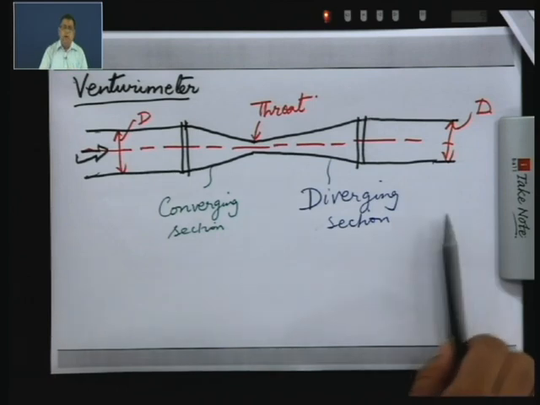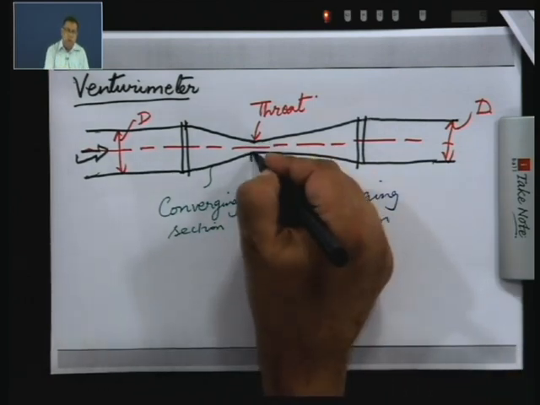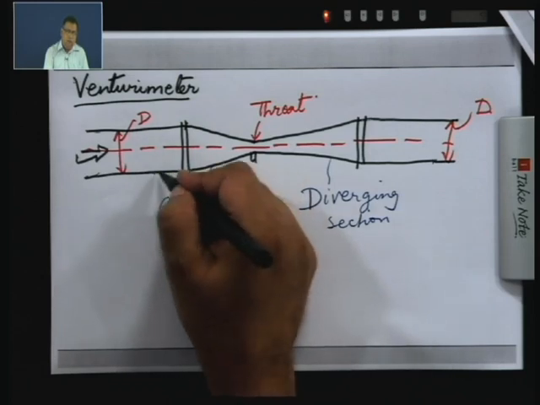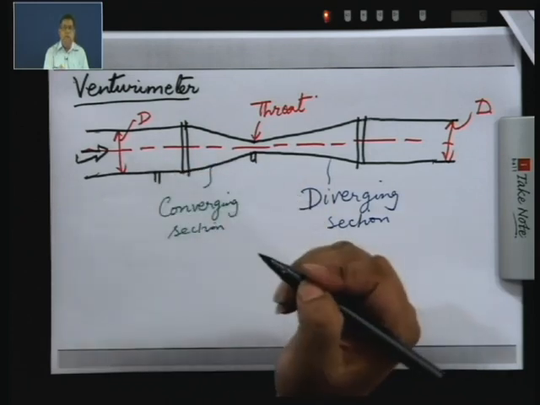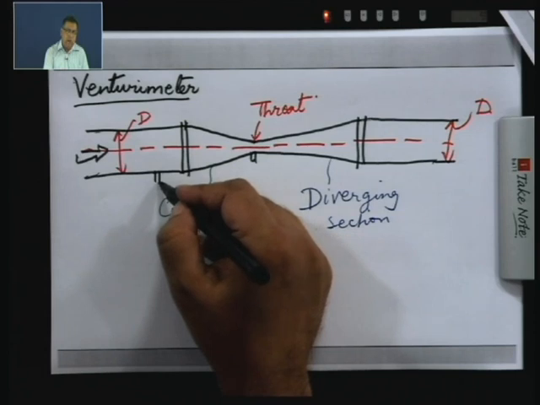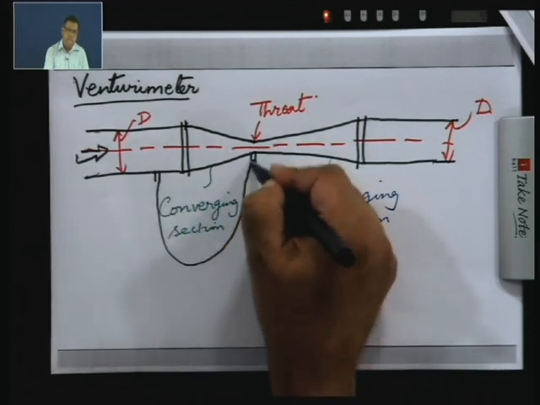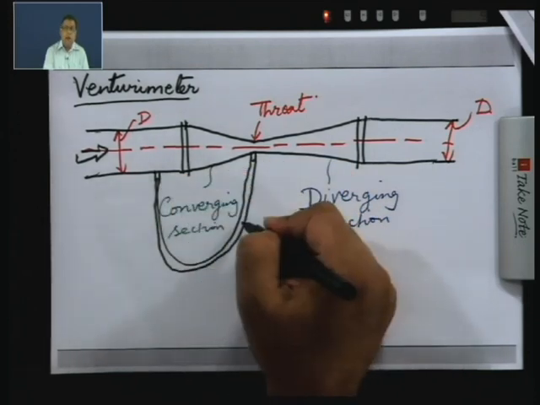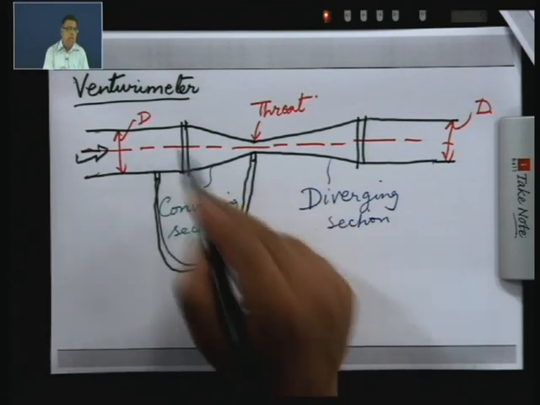Now, what we do here is we will drill a hole here at the throat, in the wall of the pipe, and attach a U-tube manometer, and use a manometer liquid which is different from the fluid flowing through the tube.